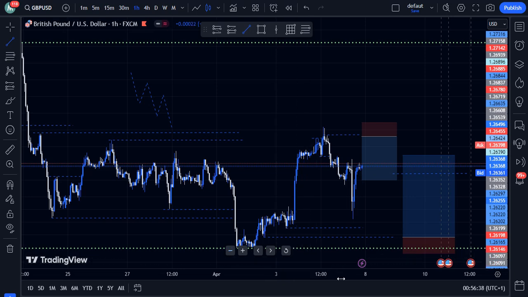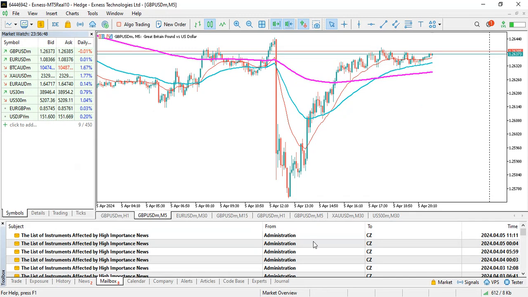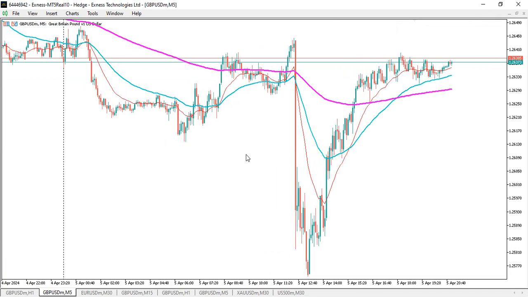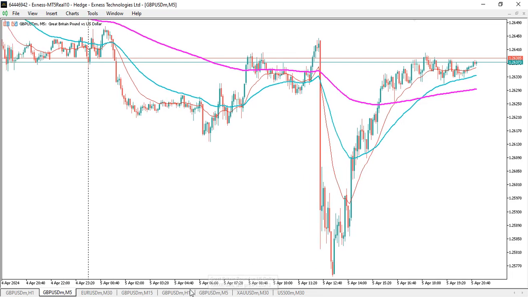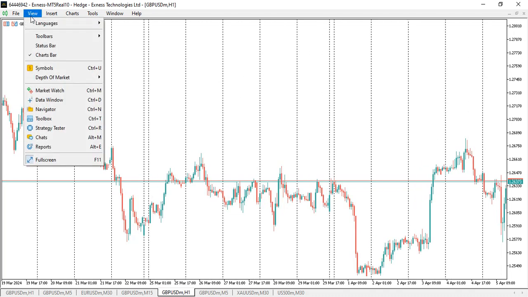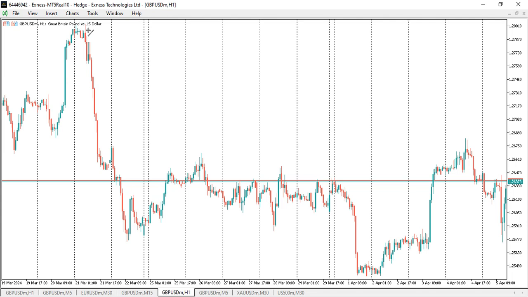So we're going to look at the second one, which is MetaTrader 5. So this is MetaTrader 5, and some of you must have seen it before. Many people really don't like analyzing their trades using MetaTrader 5 simply because, to me personally, it's rigid. Imagine you saw how the whole setup was on TradingView, but even if you want to draw your trend line here, you see how the trend line looks.